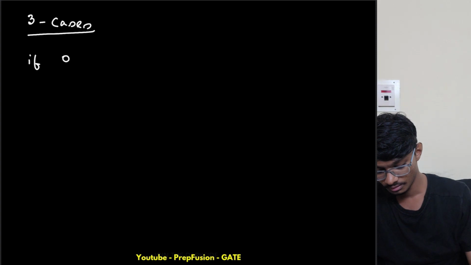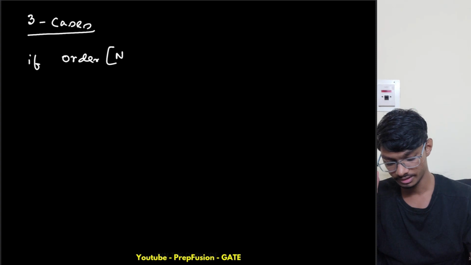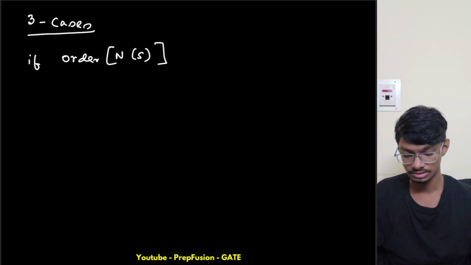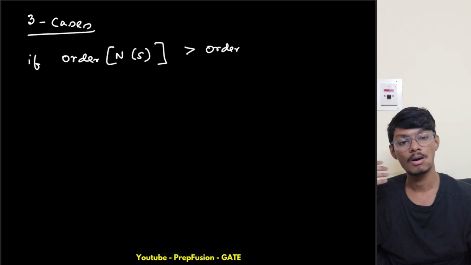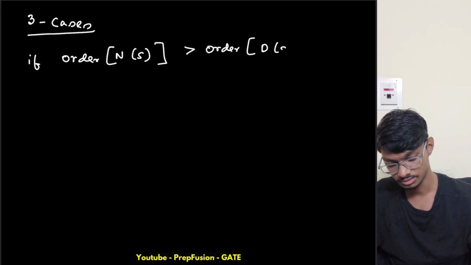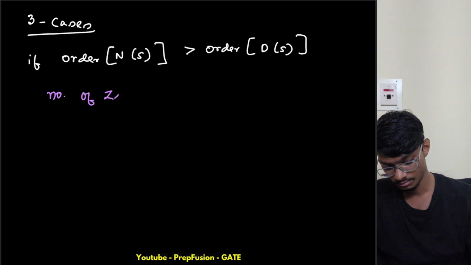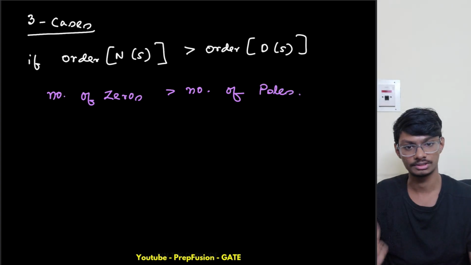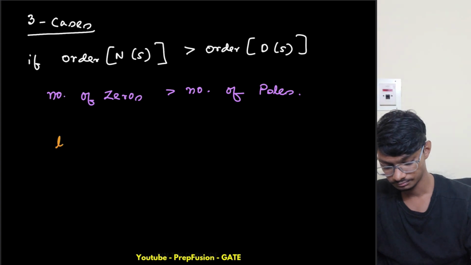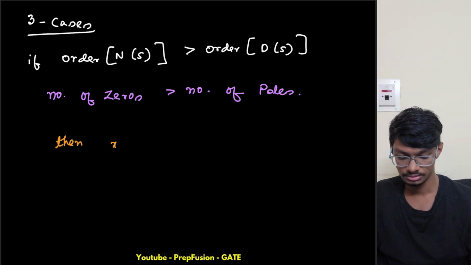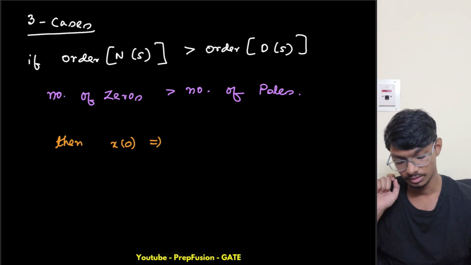If the order of the numerator, that is the number of zeros, is greater than the number of poles, then this x of 0 will be infinity.